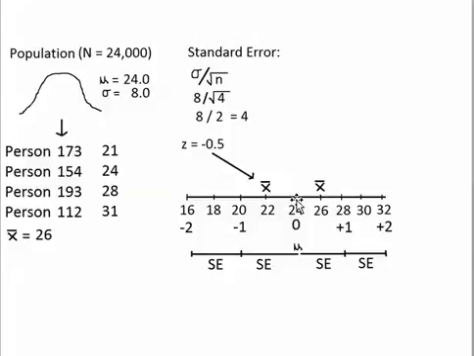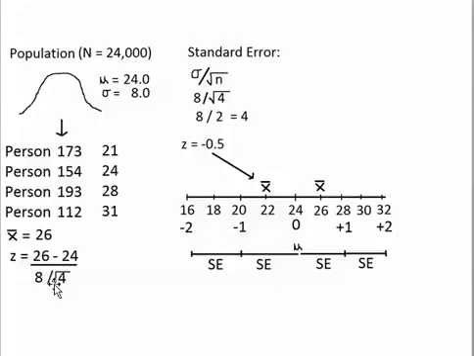24 has a z-score of 0, 28 has a z-score of +1, and 26 is halfway between those two numbers. So we know that our sample mean of 26 has a z-score of positive 0.5. Just like last time, let's use the z-score formula to make sure that the z-score is correct. This time, we're going to plug our sample mean of 26 into the formula.